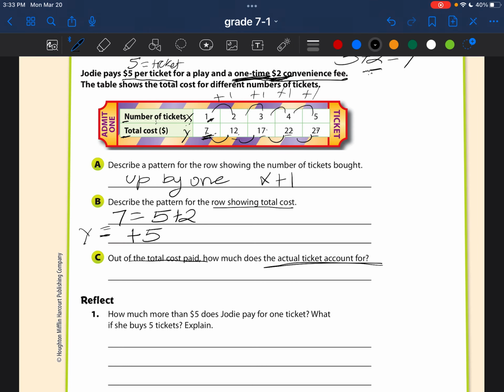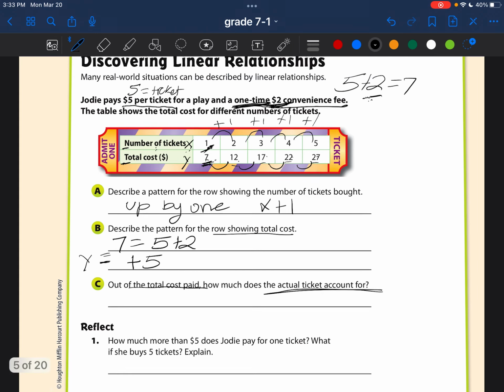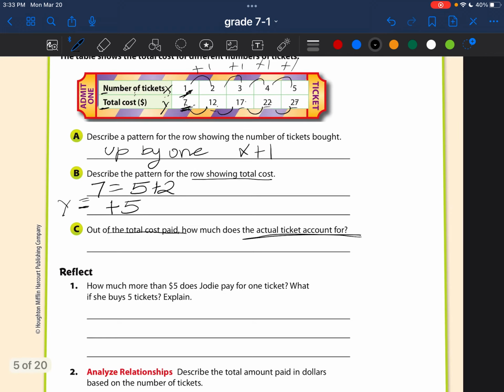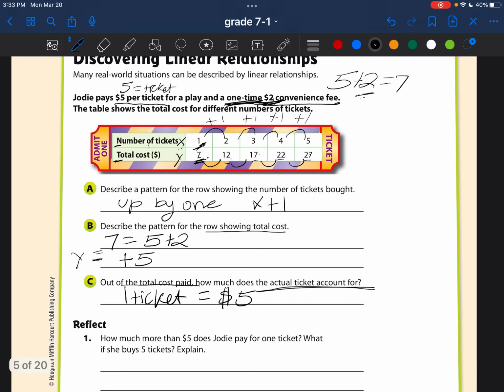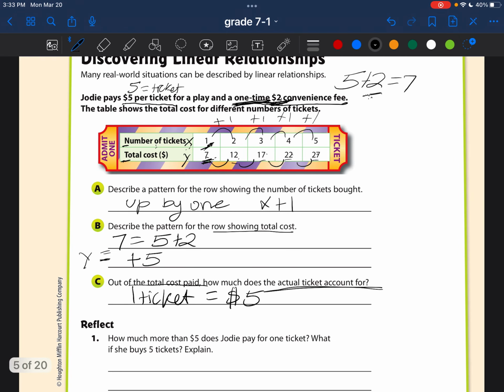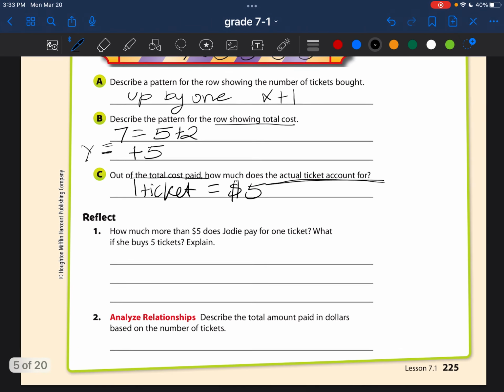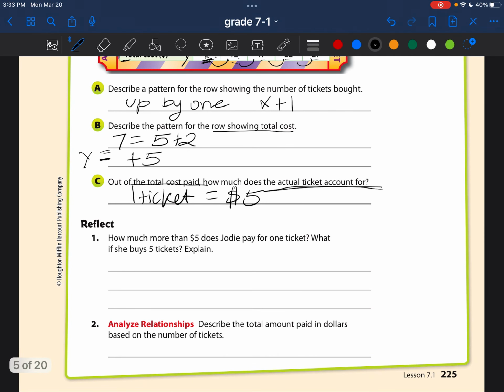All it wants to know is how much is one ticket actually, if we don't have the $2 convenience fee. One ticket actually only costs $5 because we're not going to have to pay that $2 convenience fee every time.